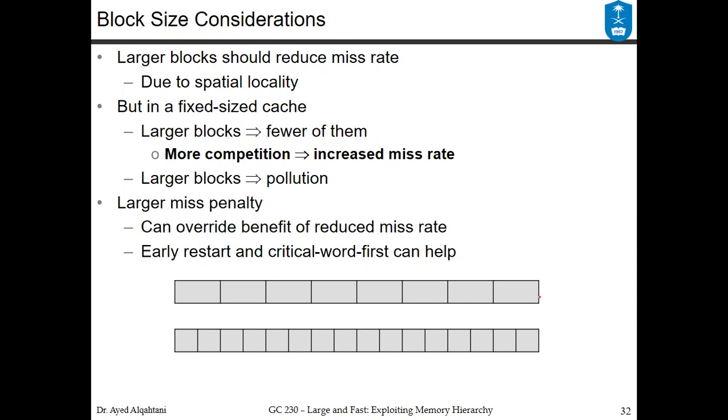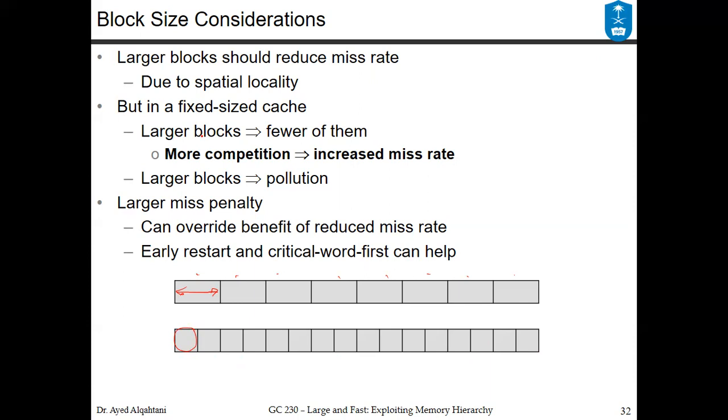You can see it here. Here, we have larger blocks compared to this one, and because of this, we have fewer of them. We have only 1, 2, 3, 4, 5, 6, 7, and 8. If we have a smaller block size, then we have many blocks. You can see that this is many blocks.